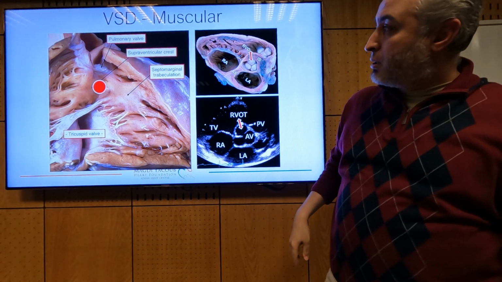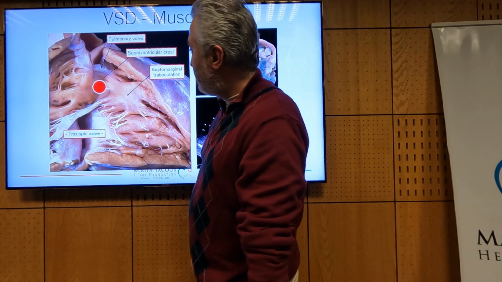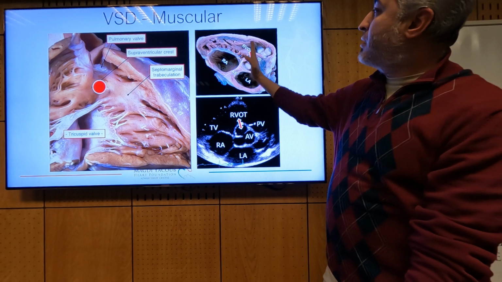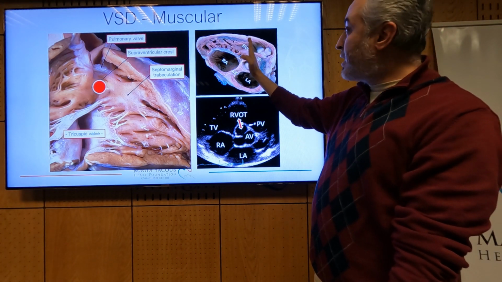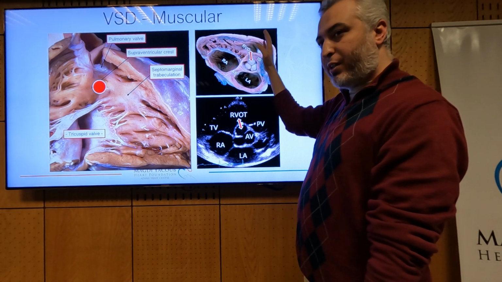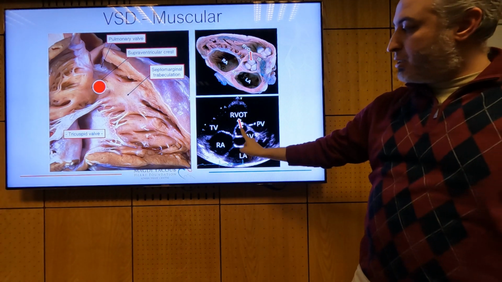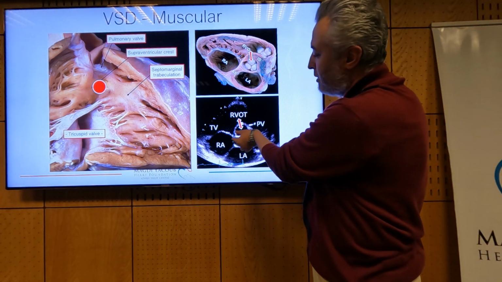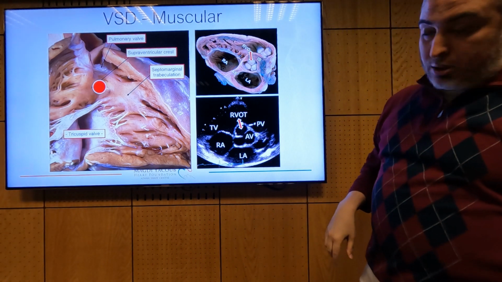This is the place of the outlet muscular VSD. And then here you would find it in the middle between the tricuspid valve and the pulmonary valve. It does not reach the tricuspid valve annulus, nor the pulmonary valve annulus, while just below the aorta.